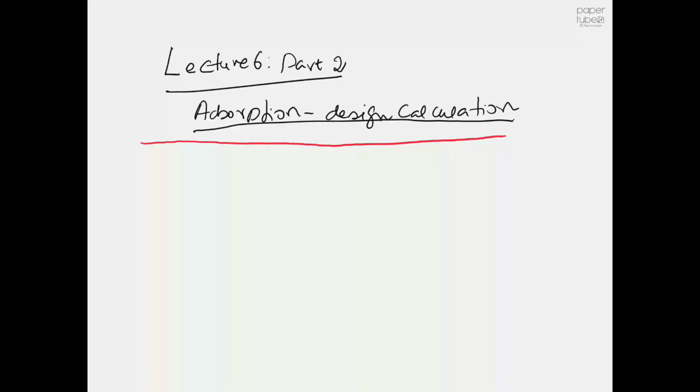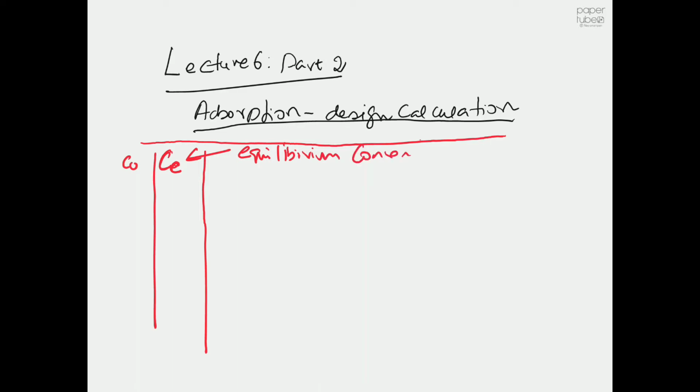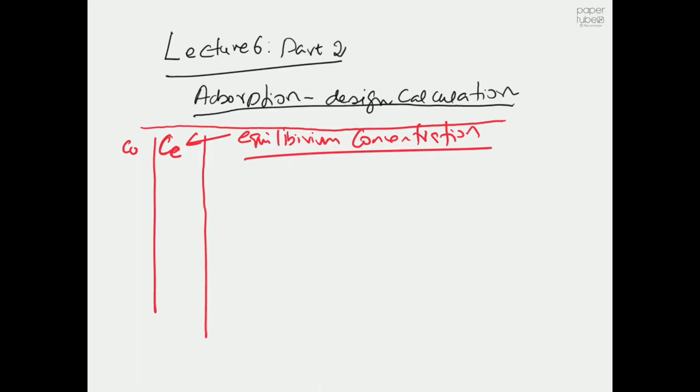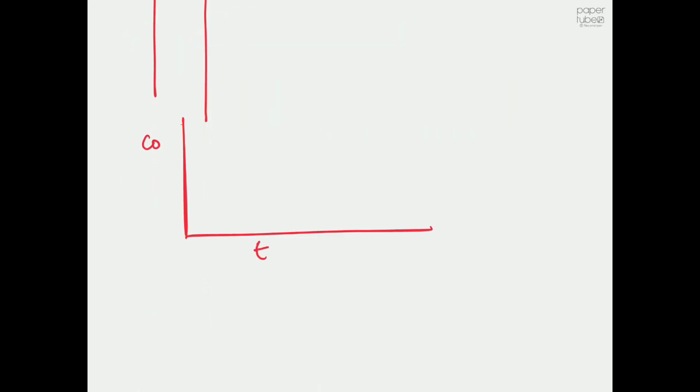So in the last lecture, I talked about how to perform a liquid phase adsorption experiment, and then we get CE. So we know our initial concentration, and from the experiment we know how to get CE. CE is referred to as the equilibrium concentration. You perform the adsorption experiment and monitor the concentration versus time, and at some stage it comes to an equilibrium, and whatever concentration you see there is CE, in grams per liter.